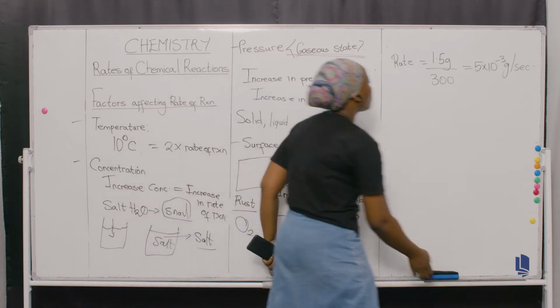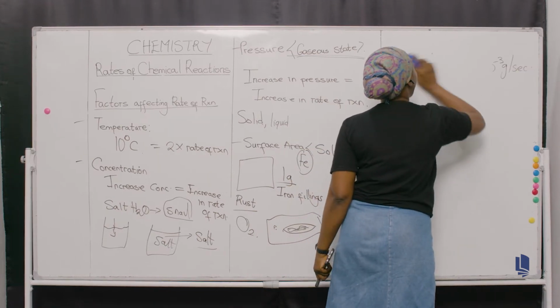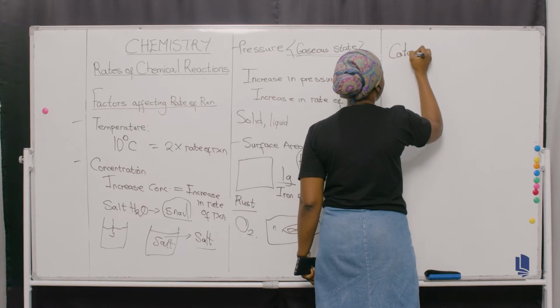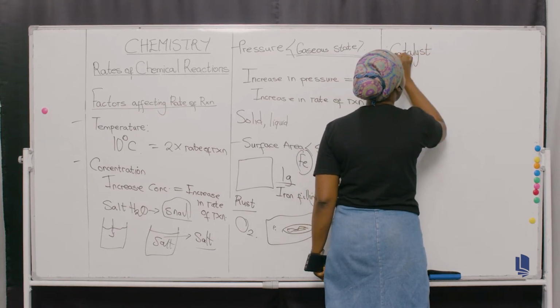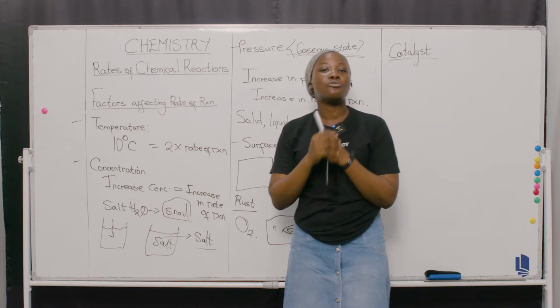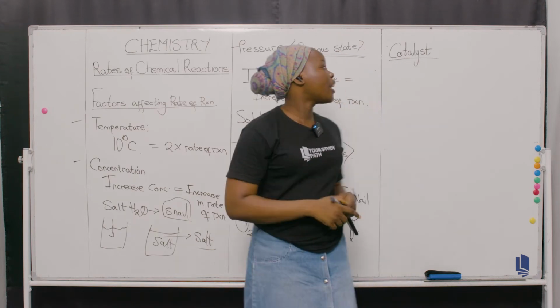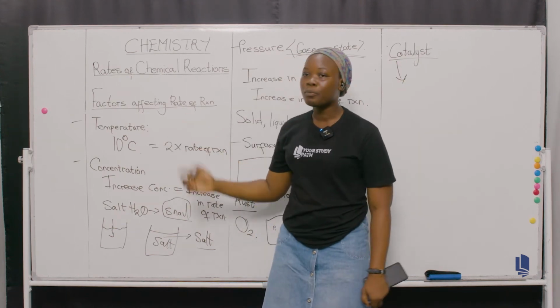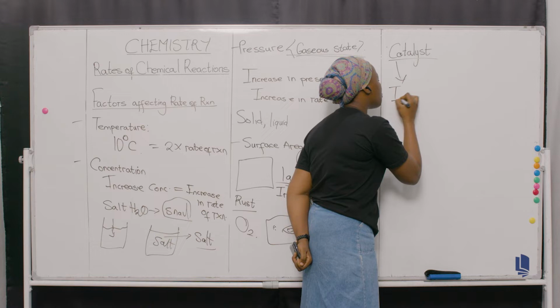All right. So now let's move on to the last one, which is catalyst. We all know what catalyst is, right? Catalyst is a substance that alters the rate of reaction. Here, that means catalyst as a factor increases the rate of reaction.